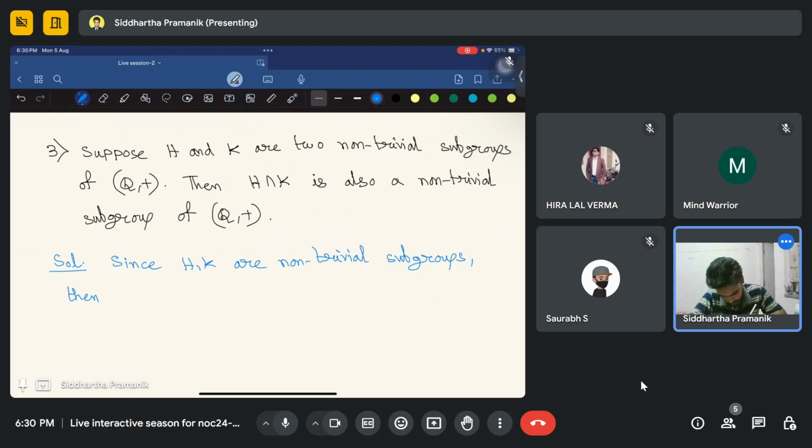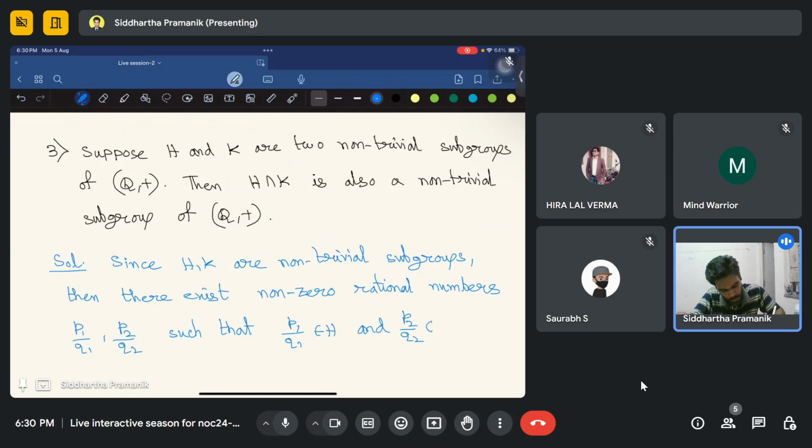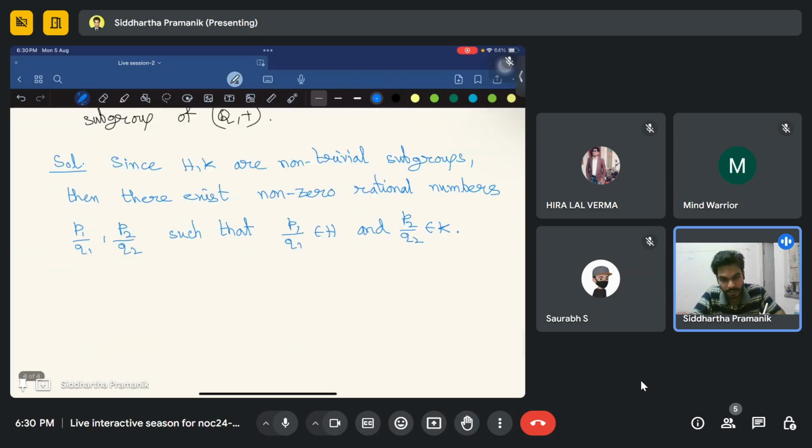Then there exist non-zero rational numbers, let's say p1/q1 and p2/q2, such that p1/q1 belongs to H and p2/q2 belongs to K, and they are rational numbers, right?